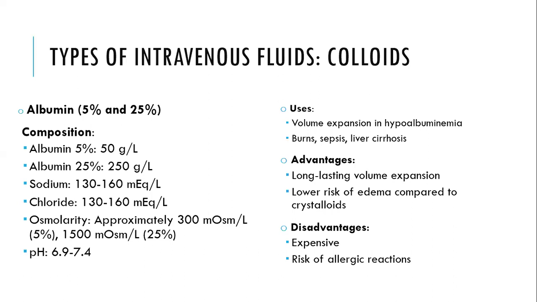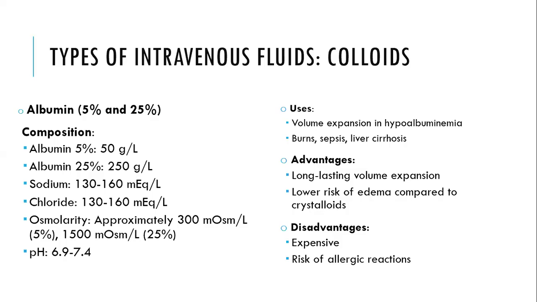The albumin can come in either 5% or 25% concentration. This albumin is made from serum albumin, which is preheated. And it's very important, especially in hypoalbuminemia, which is common in many of our patients.